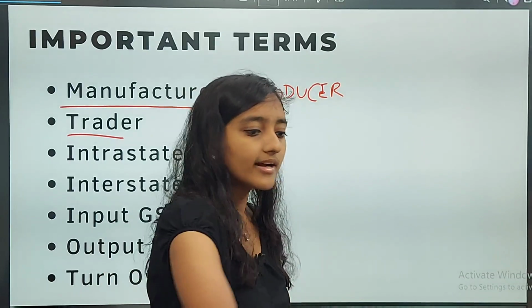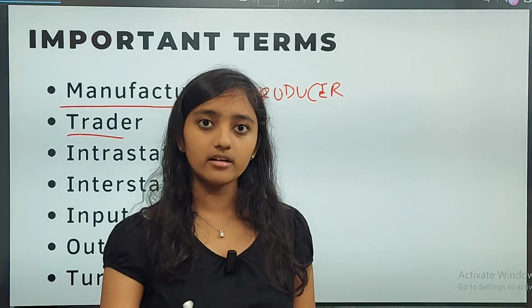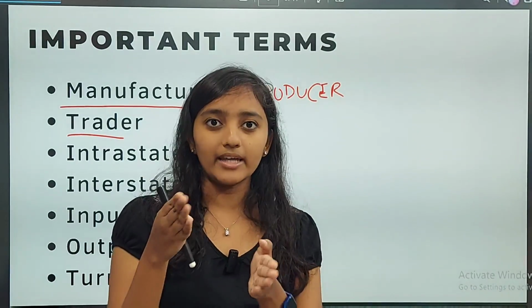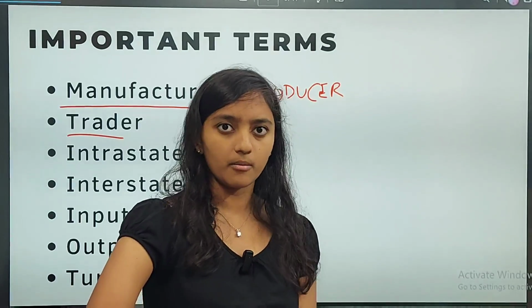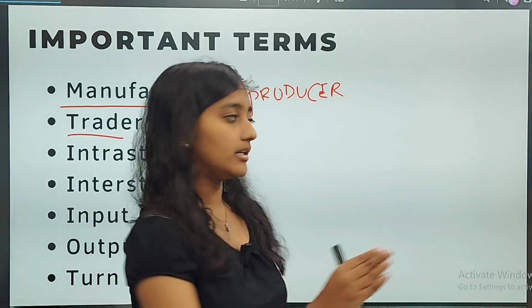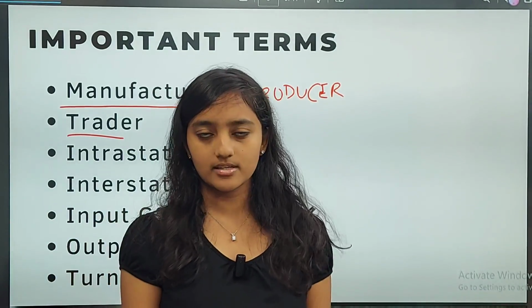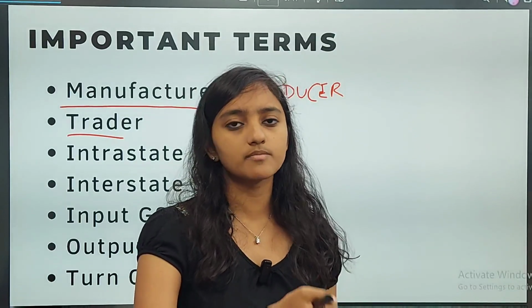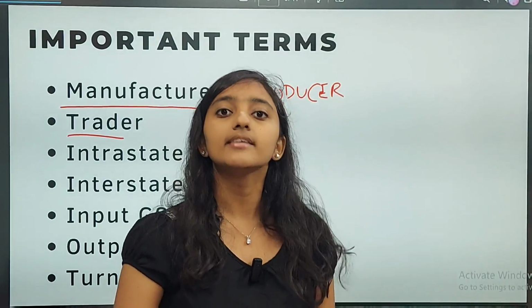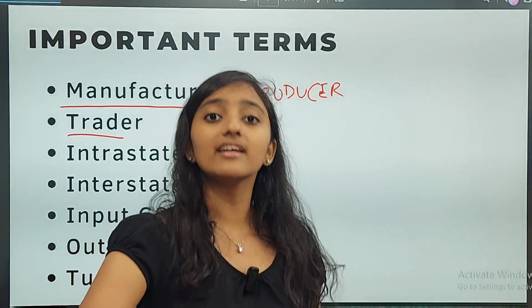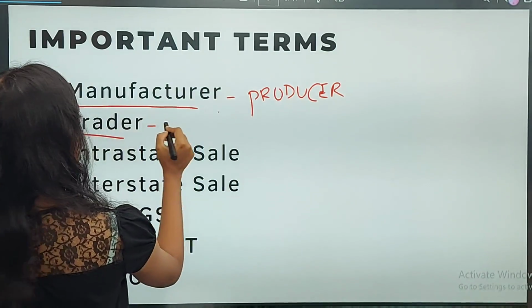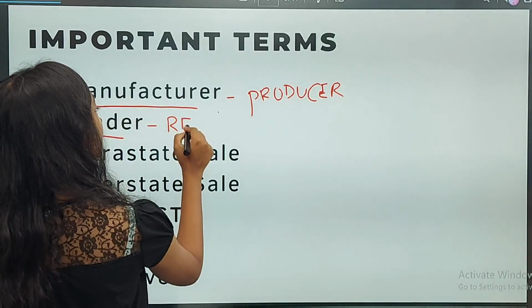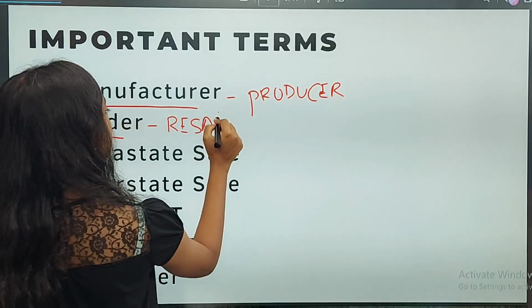You don't see him in your day-to-day markets. There is a trader, almost like a middleman. A trader buys the goods from the farmer and then sells it. Similarly, with any good, suppose it's a soap manufactured by a particular company, then it is sold to a trader who then resells it. So basically, a trader is someone who resells.